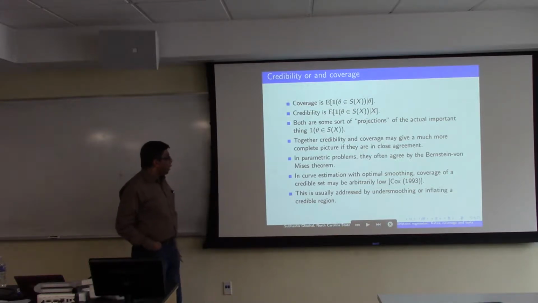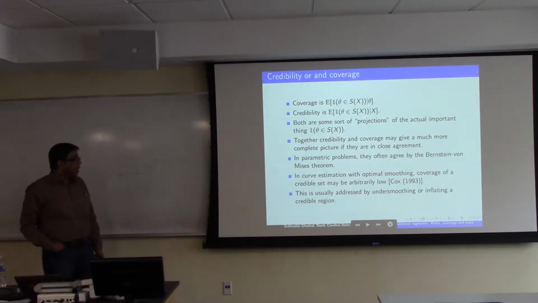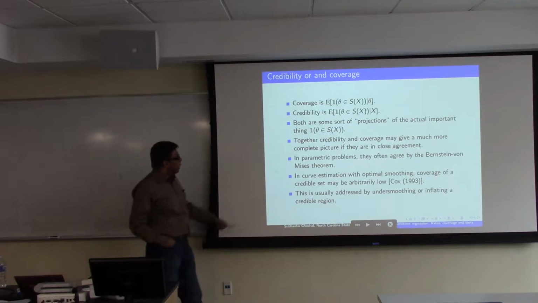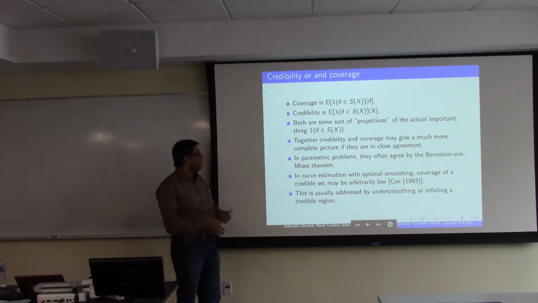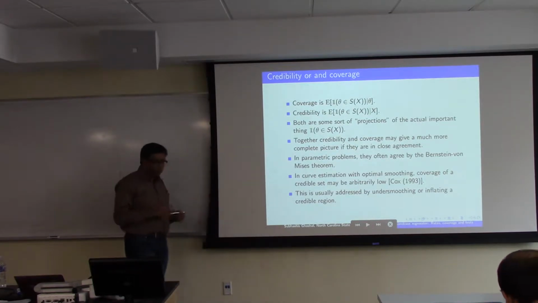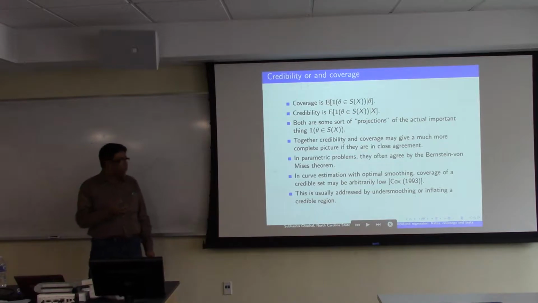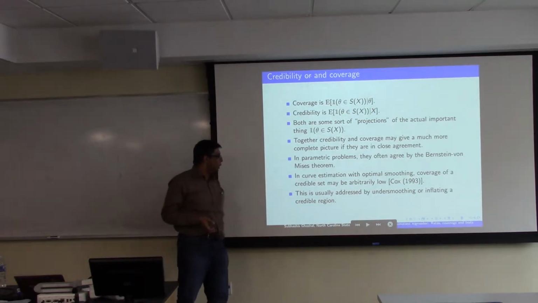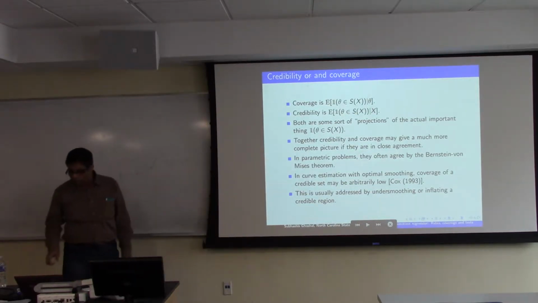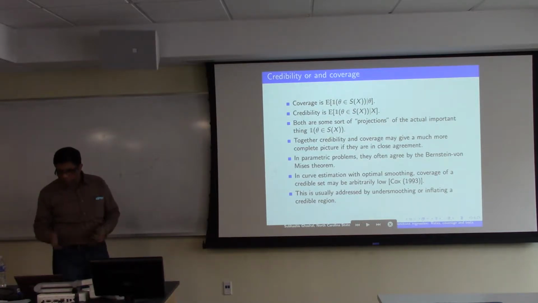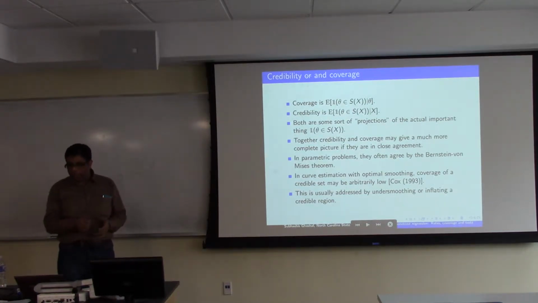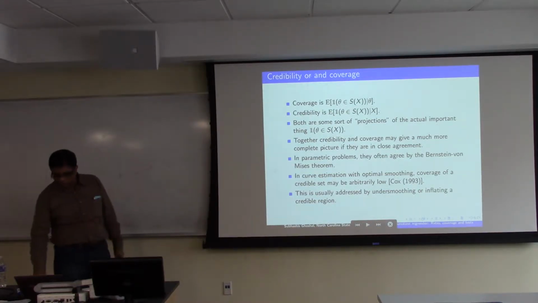We'll call that the Cox phenomenon, and there are ways to address that. Basically, you have to modify your credible set. You can do either undersmoothing, or you can inflate the original Bayesian credible set to comply with the coverage required. That's a different thing, but the point is that in general, if you take it as is, these two don't agree, and we will call that the Cox phenomenon.